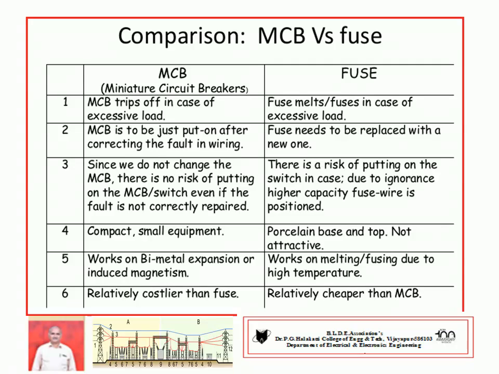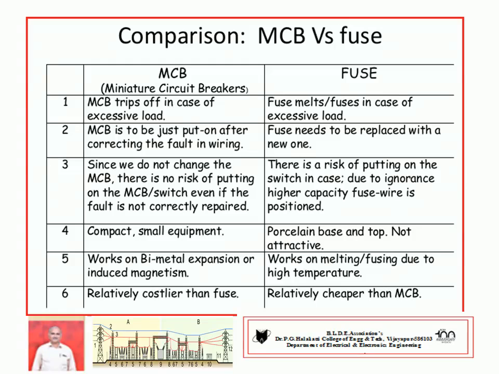For a fuse, we have to replace it with a new wire before restarting the connection. MCB is a little bit costly. MCB consists of some relay unit and its operation may be different and advanced. Hence, the MCB is costly, but the fuse is less costly. It is a simple device, just a wire we can call. It has a lower cost.